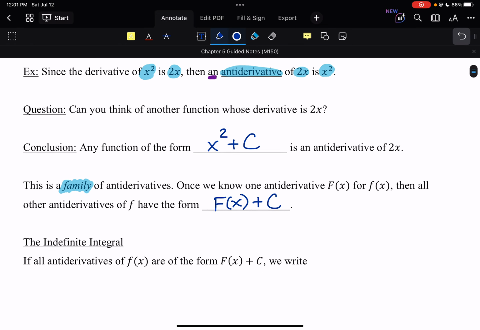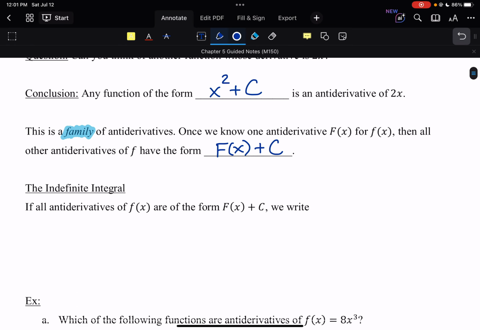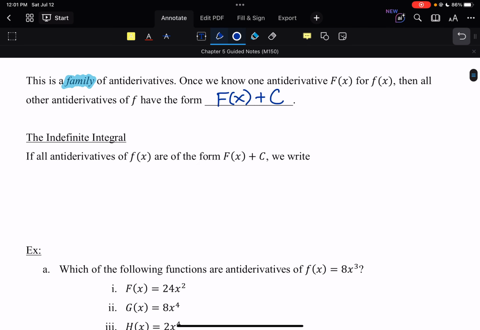If we're trying to take an antiderivative, we want a notation to establish it, some sort of symbolic language that tells us this is an antiderivative. This is where we introduce the indefinite integral. If all antiderivatives of little f are of the form big F of x plus c, then we write the integral of little f of x dx equals big F of x plus c.